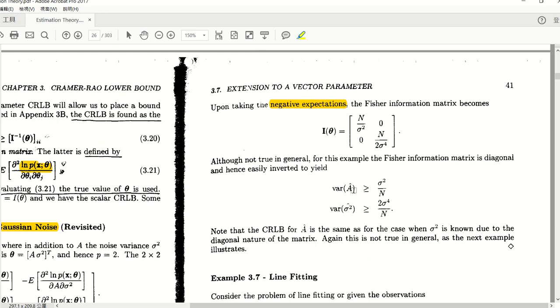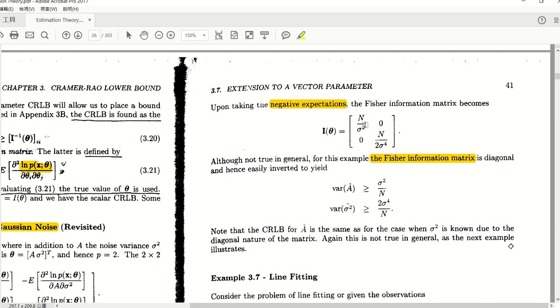Now you have the variance of A equal to the Fisher information matrix inverse, you take the diagonal element. And what happens here is, this is a diagonal matrix. So when you take the inverse, it's easy. You just take the inverse of the diagonal element.